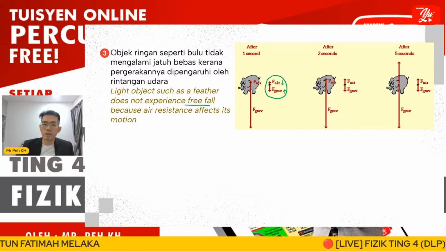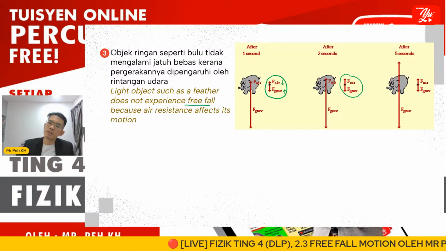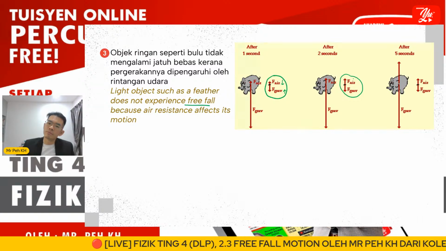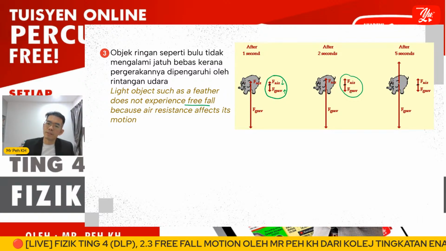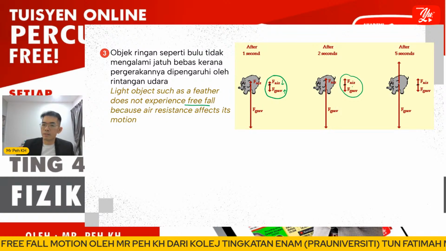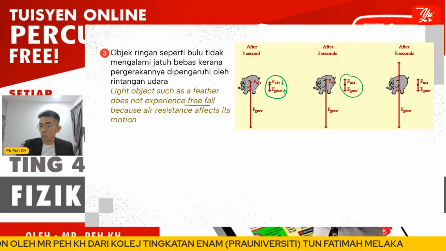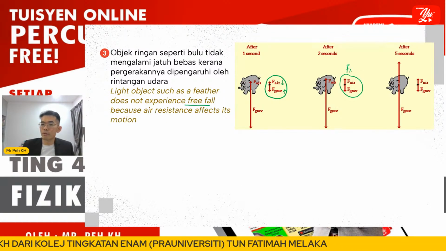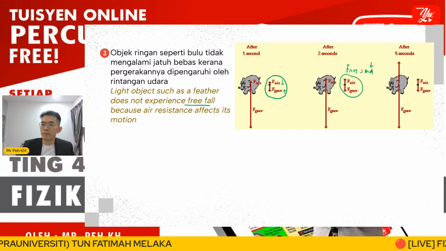However, at the second, the air resistance is almost the same as the force of gravity, so the feather will slow down because the overall net force has decreased already. So the acceleration of the feather decreases.